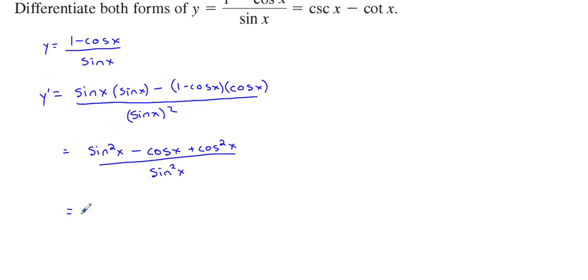Now what do you think? Oh, sine squared plus cosine squared x equals 1. Sweet, so that'd be 1 minus cosine x over sine squared x. Okay, so here's your derivative.